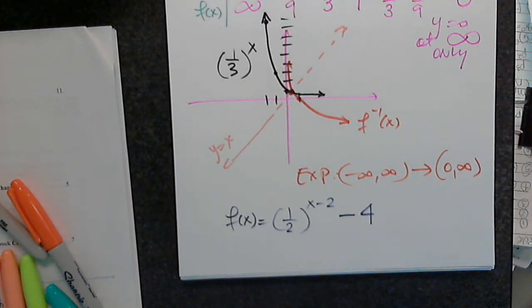Okay, but we didn't discuss one of the behaviors, or I guess we mentioned it, but we didn't highlight it: if the base is greater than 1, then it's increasing, and if it's less than 1, then it's decreasing. Yes, always.